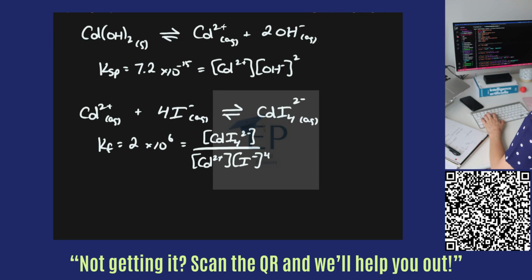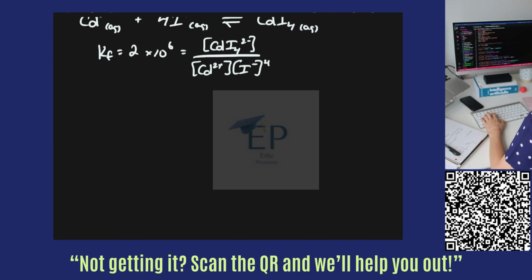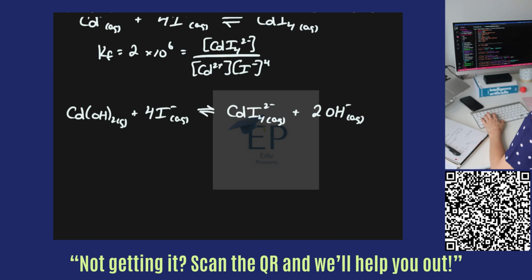So the overall reaction, when we combine these two, is cadmium hydroxide add 4I- in equilibrium with CdI4 2- and 2OH-.